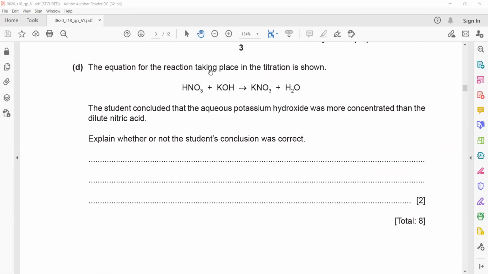The equation for the reaction taking place in the titration is shown. The student concluded that the aqueous potassium hydroxide was more concentrated than the dilute nitric acid. Explain whether or not the student's conclusion was correct. As we know, 1 mole of HNO3 reacts with 1 mole of potassium hydroxide.